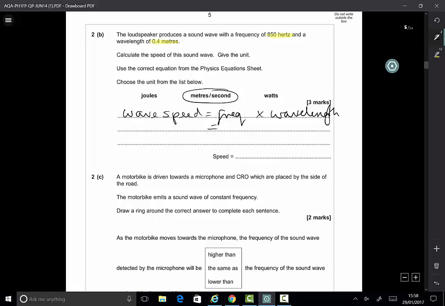So our frequency was 850 and our wavelength was 0.4. We just pop that into the calculator, which gives us 340. And you can just leave it like that. You don't need to put the unit again because you've already circled it.